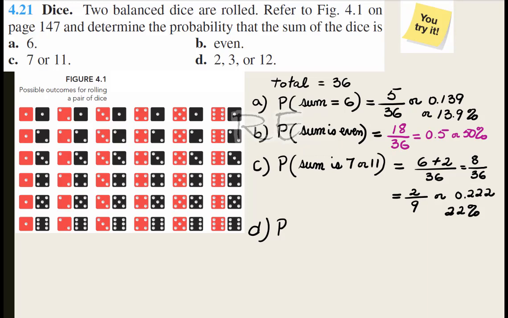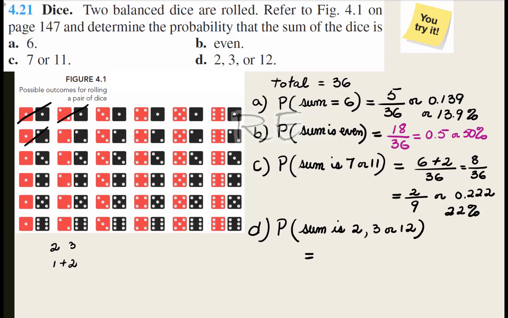For D, we are looking for the probability that the sum is 2, 3, or 12. When the sum is 2, we only have 1 and 1. So for 2, just 1. For 3, we have 1 and 2, and 2 and 1. So for 3, we have 2.